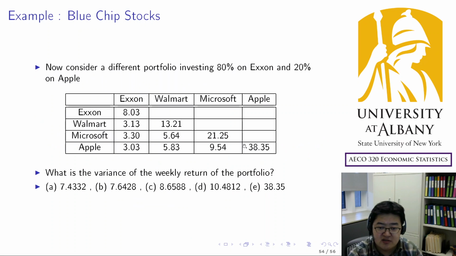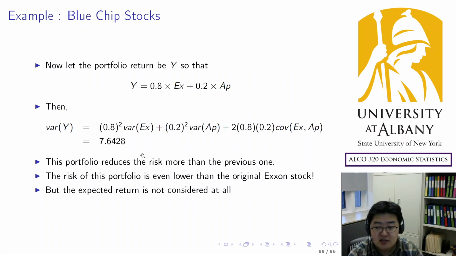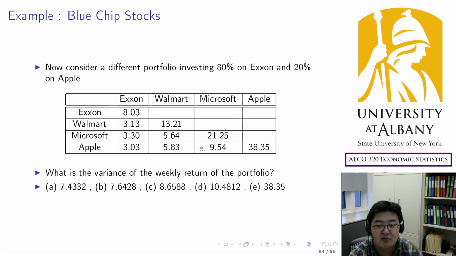And their covariance is 3.03, so you plug in 3.03 here. So you know all the numbers. Just calculate.